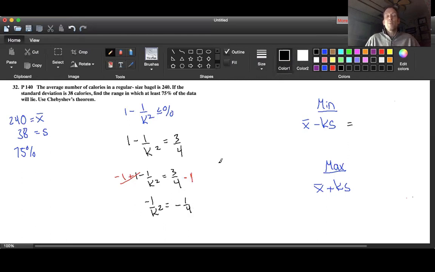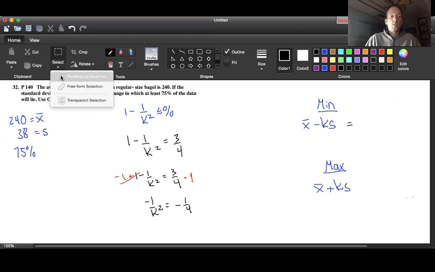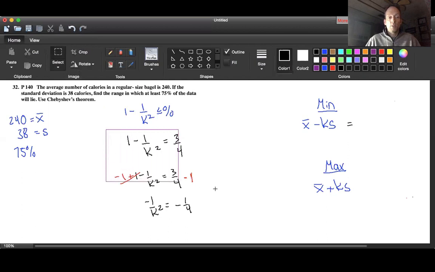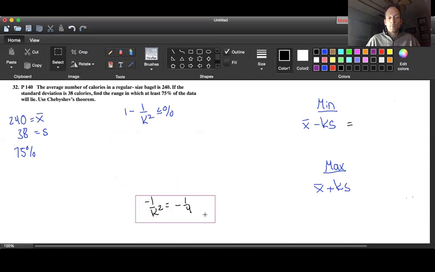I'm isolating k, but I don't want to go around solving for negative k. I want positive k. So I have to do something to get rid of the negatives on both sides. I'm going to make a little more space on the screen too. Okay, so I'm going to write the whole thing over again. -1 over k squared equals -1/4.